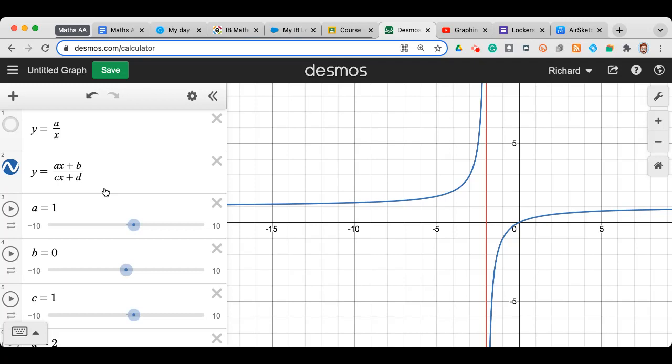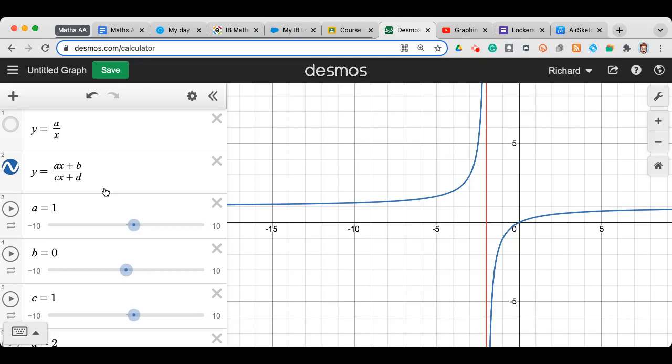Now I'm doing this on the board because it's just a very quick explanation. So as x approaches infinity or negative infinity, the function is really just ax over cx. I shouldn't say equals, the function approaches ax over cx as x is really, really large. Does that kind of make sense?